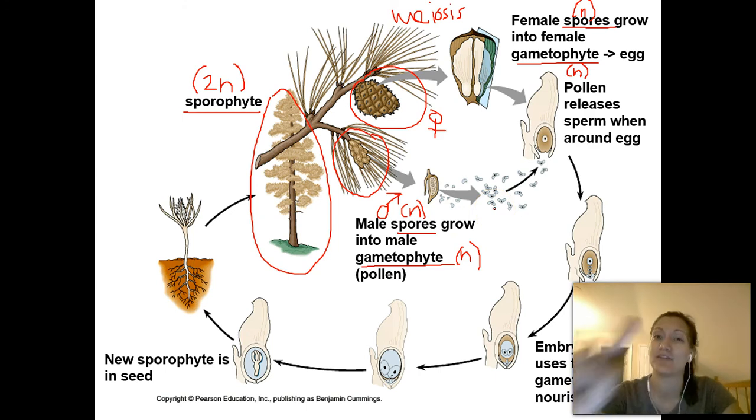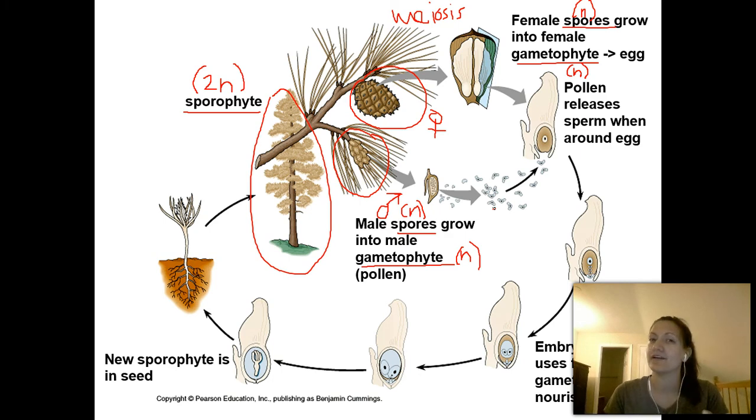If you have allergies, you've experienced the release of that pollen into the atmosphere. So this gametophyte is what is traveling around. It is not the sperm. Remember, we saw with mosses and ferns that the sperm had to swim to another plant. But that's not the case here. It is the gametophyte that has to land somewhere, and then the sperm is released.